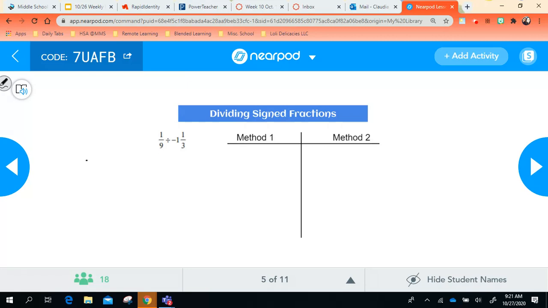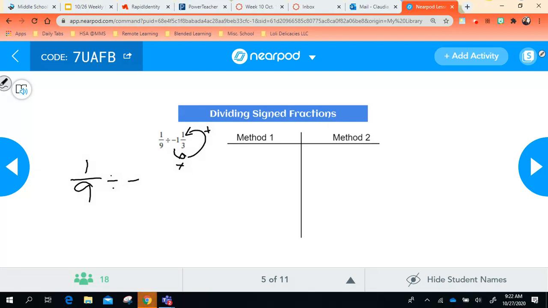Remember, to turn it into an improper fraction, you have to do the whole number times the denominator, and then whatever you get, you're going to add to the numerator. So multiply and then add.